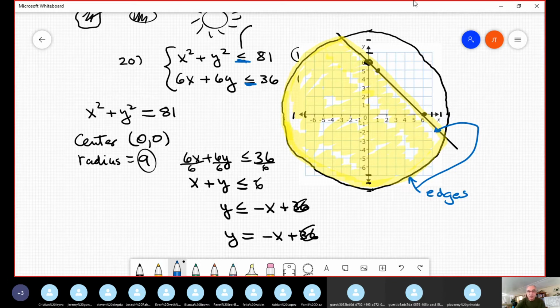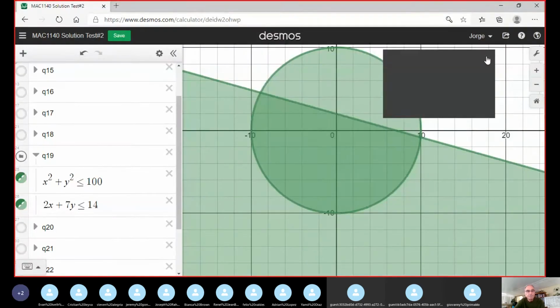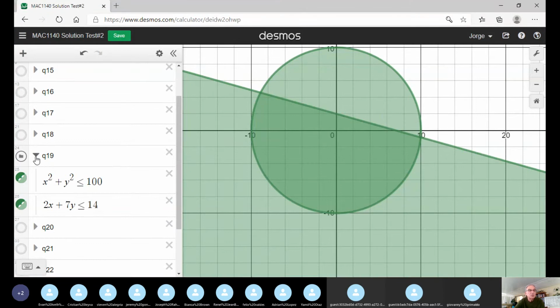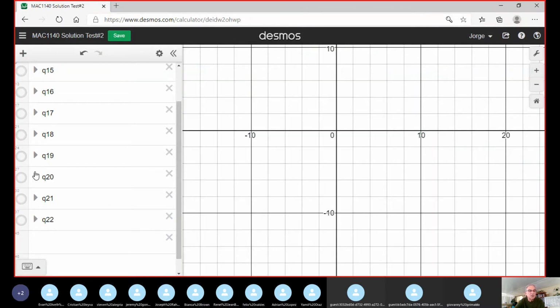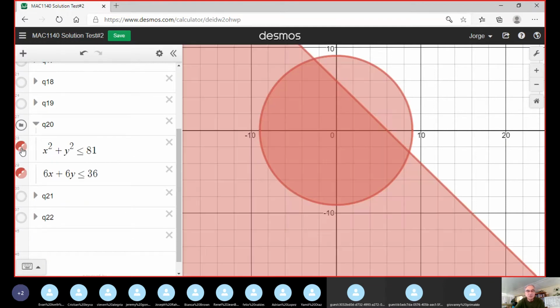Okay, let's go to Desmos to see the solution. Okay, this was 20, no? 20 is, look, a circle and a line.